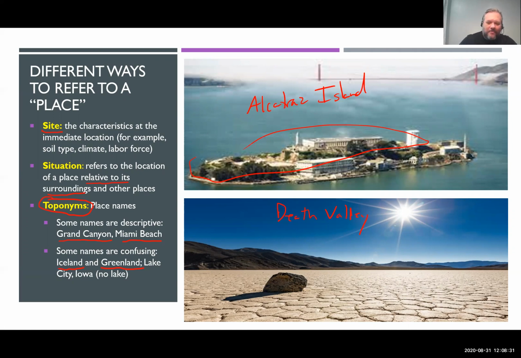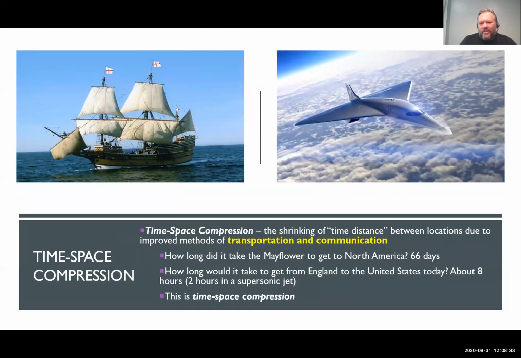So the first concept coming out of this is time-space compression. Let me start by giving you this example. This is like the Mayflower coming over from England to North America. And this is a concept jet, a supersonic jet.